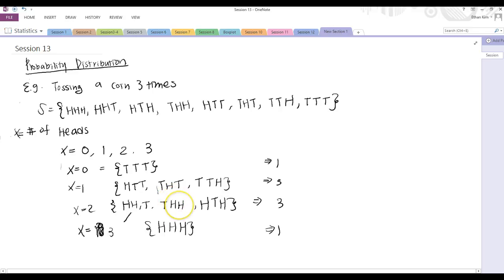Okay, so we call this a distribution, where we're looking at an event, and there are numerical values assigned to those events, right? And we're going to define something called a random variable.